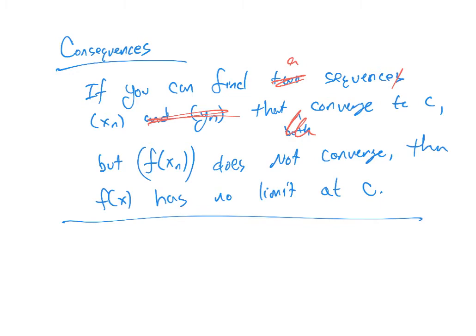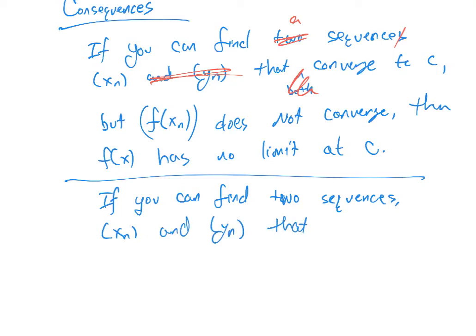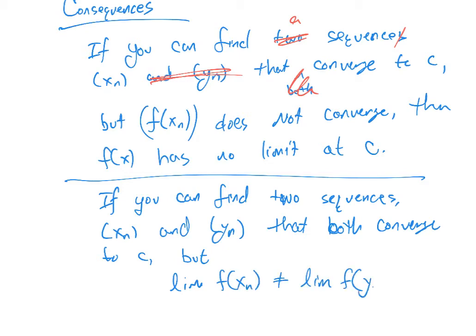Okay, that'll do it. Now, the other thing that'll do: if you can find 2 sequences, xn and yn, that both converge to C, but the function values have different limits.